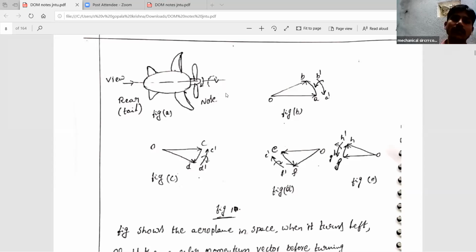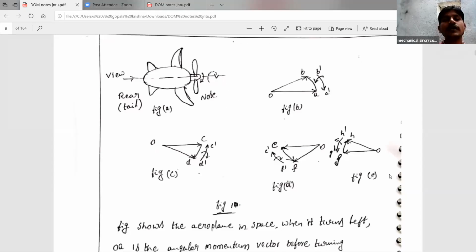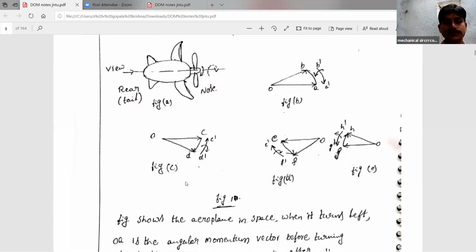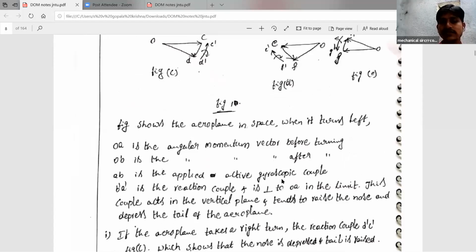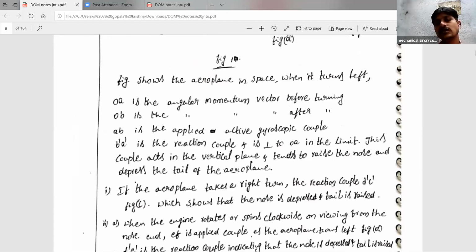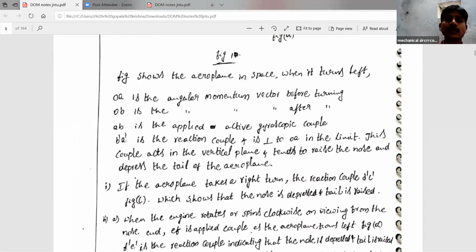When the turning movement and the direction of rotation are in the same direction, the effect is to dip the nose and raise the tail. If the aeroplane takes a right turn, the reaction couple is D dash C dash, which shows that the nose is depressed, or dipped, and the tail is raised.